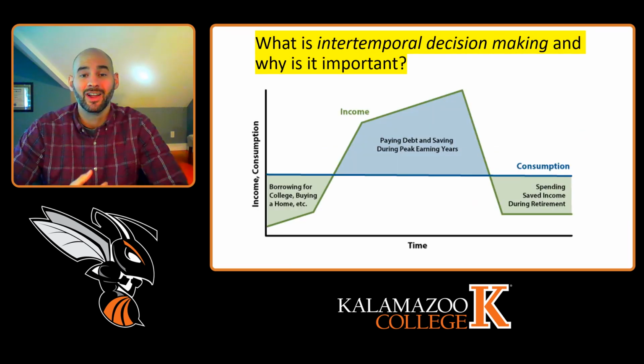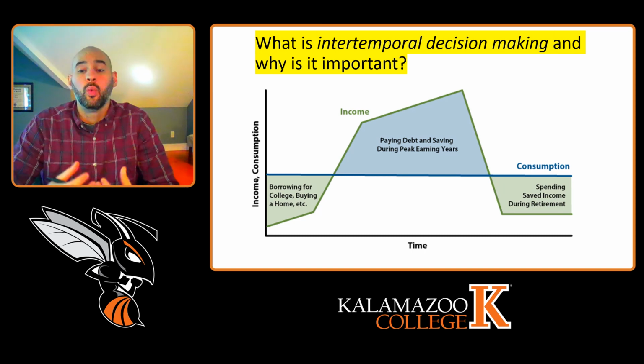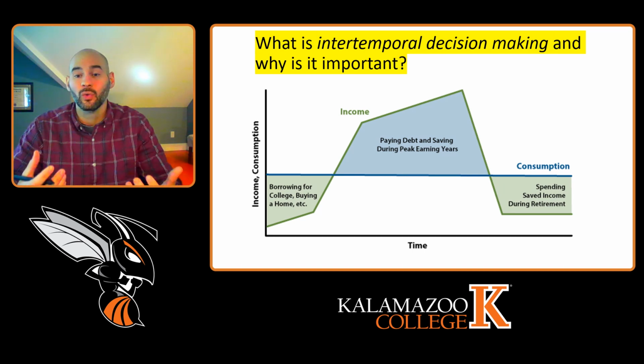So as we indicated on that previous list, what factors in heavily into these market forces and whether they impact supply or demand of money is going to be intertemporal decision making, the fact that over the course of our lives, we're going to earn significantly more income when we're in the peaks of our careers than we do when we're 17 years old or when we're 80 years old and retired.